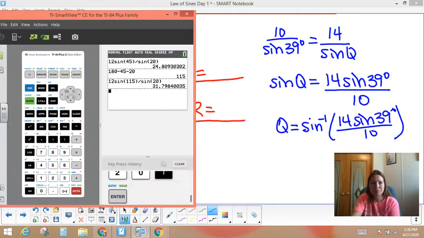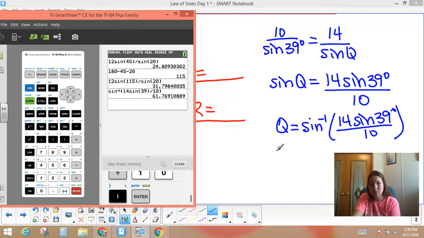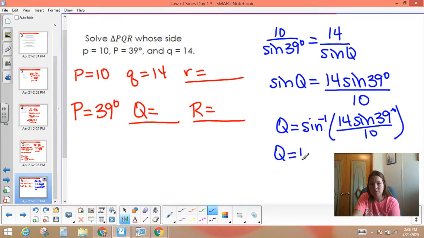So here we go. Second sine, then 14 sine 39, close parentheses, divided by 10, close parentheses. And we get 61.769. So angle Q is 61.769 degrees.